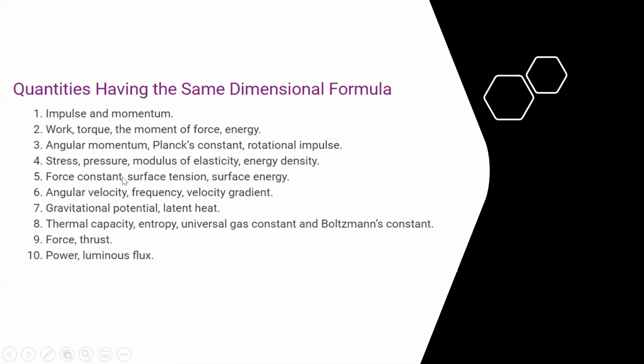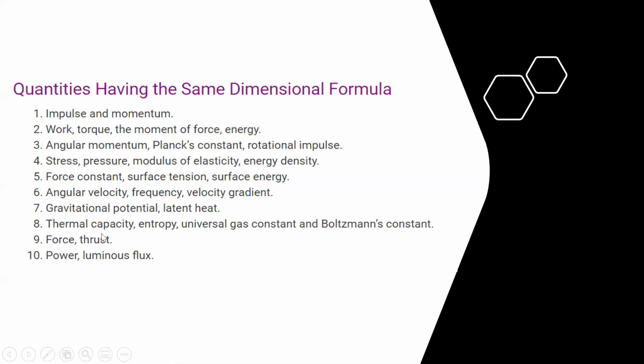Now force constant, surface tension, surface energy, all of them have the same dimension. Angular velocity, frequency, and velocity gradient have the same dimension. Gravitational potential, latent heat of fusion, latent heat of vaporization, all of them have the same dimensional formula.